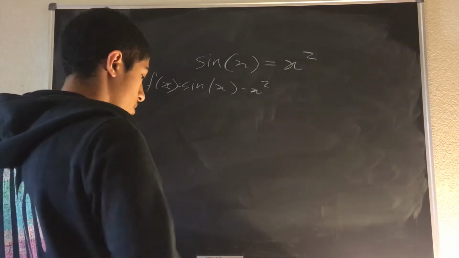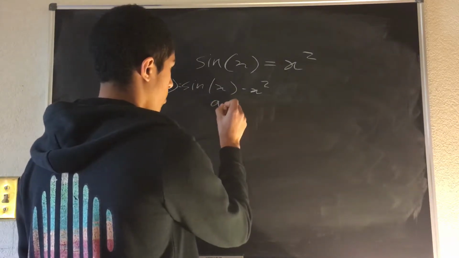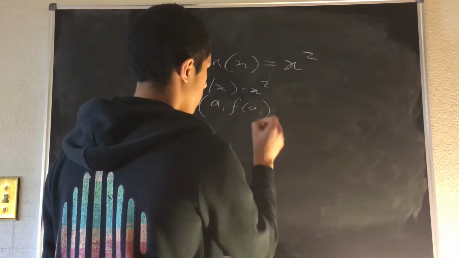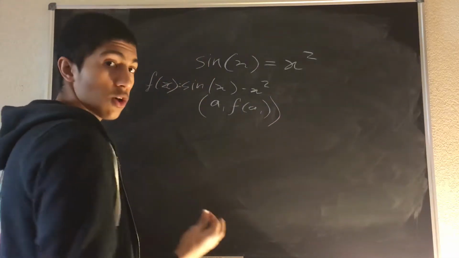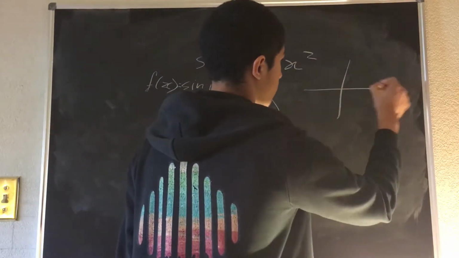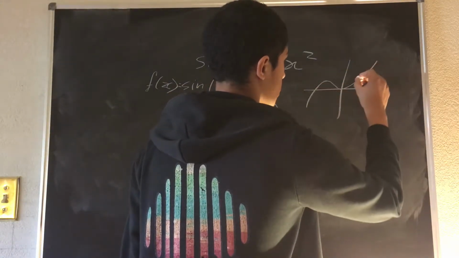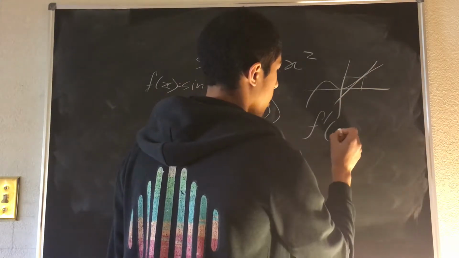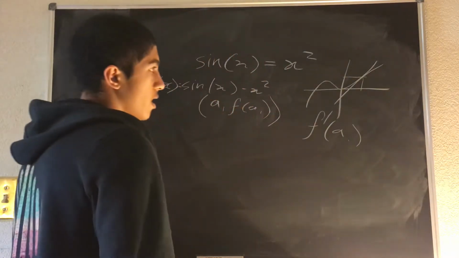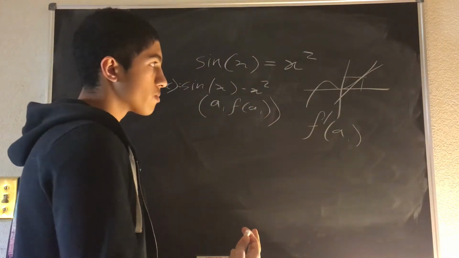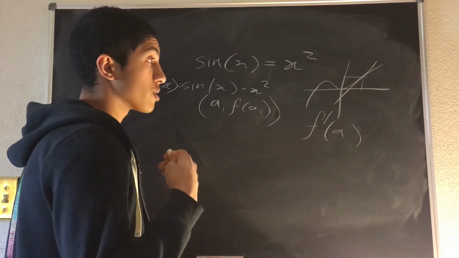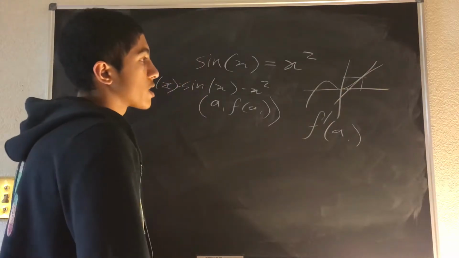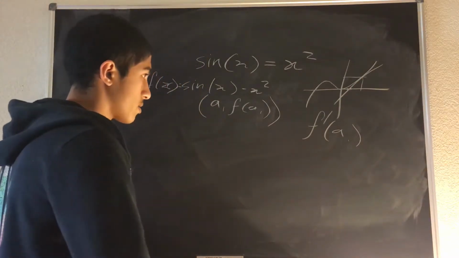So keep in mind that we started with some a1 value, and then we described the point as a1 comma f of a1. Now the slope of the tangent line of our function will be f prime of a1. And we don't want only the slope, we want the actual equation of the tangent line so that we can calculate the intersection point of the tangent line and the x-axis.